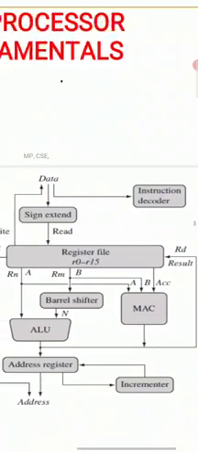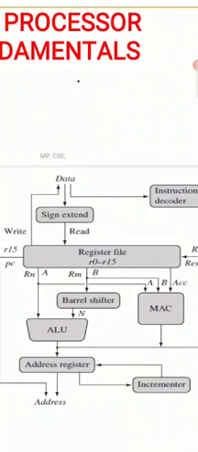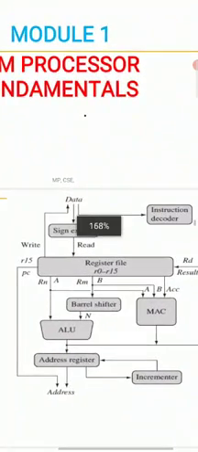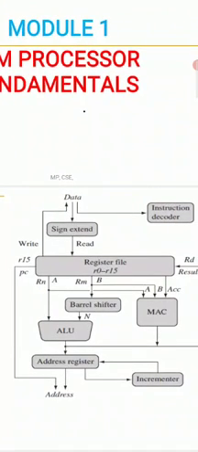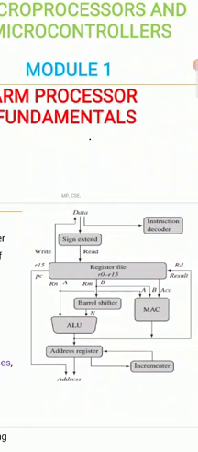Next, a very important thing to remember is that ARM processors use a load and store architecture. The load instruction copies data from memory to register, whereas store copies data from register to memory.